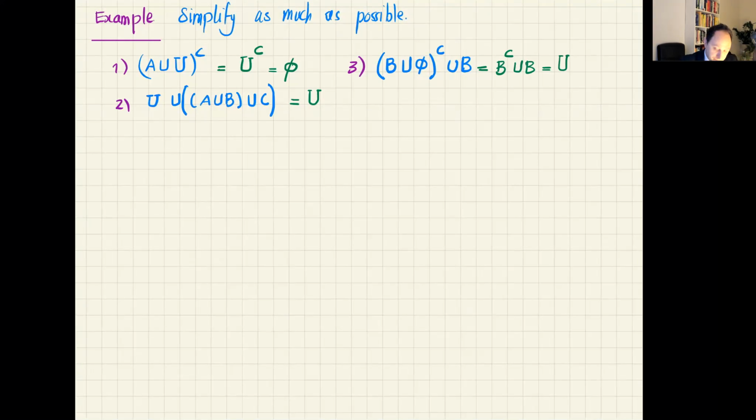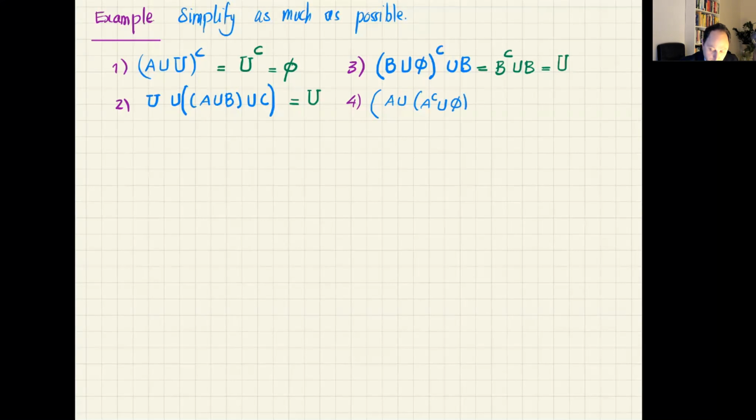Okay? So what do you think about the last one here, number 4? So let me write it in this form: A union A complement, union the empty set, and then complement. So what would be the answer?